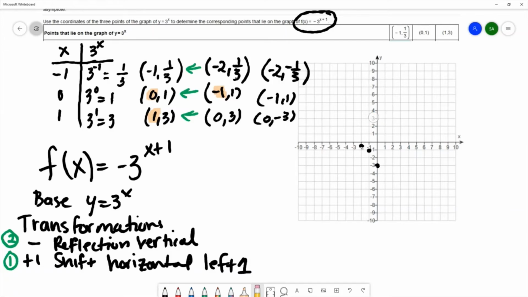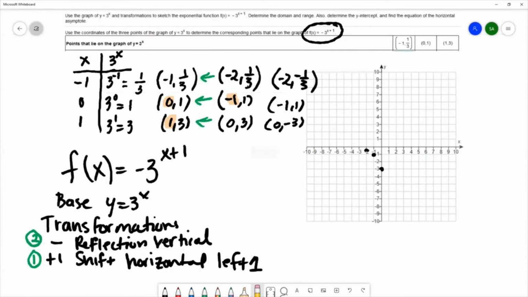So continuing with the other parts of this question, we want to find the domain and range, which we'll do in a moment, the y-intercept, as well as the horizontal asymptote. So let's start with the horizontal asymptote. The base function of y equals 3 to the x has a horizontal asymptote that is right on top of the x-axis. It's the line y equals 0.